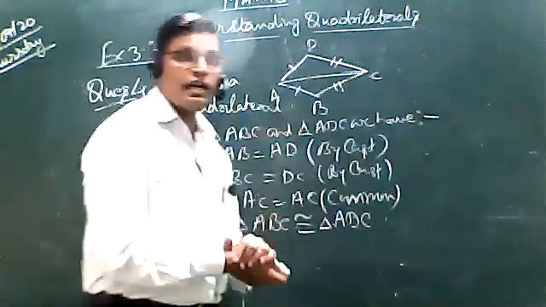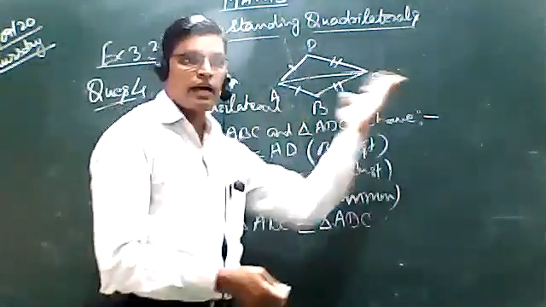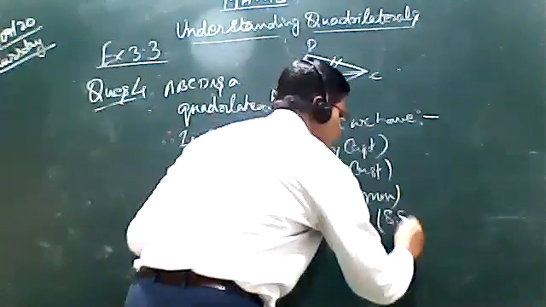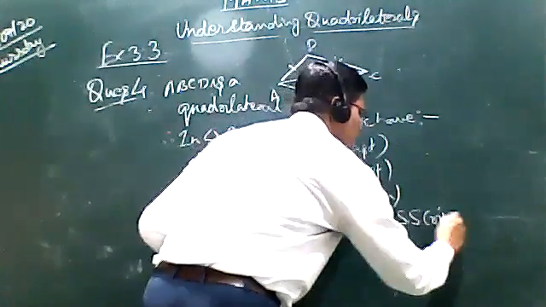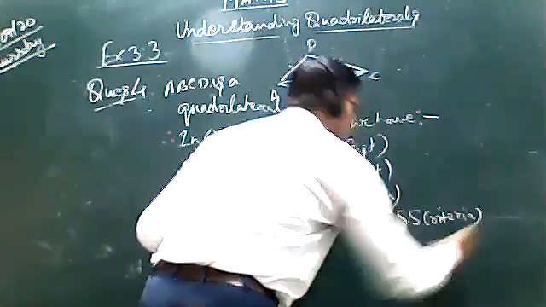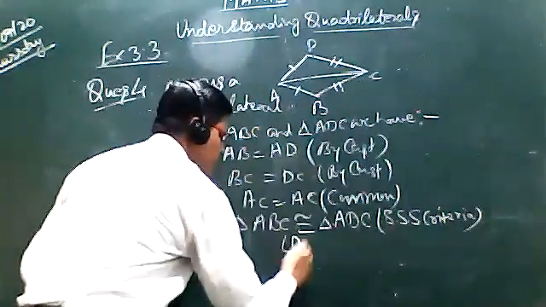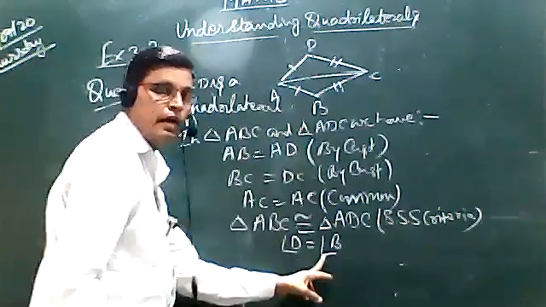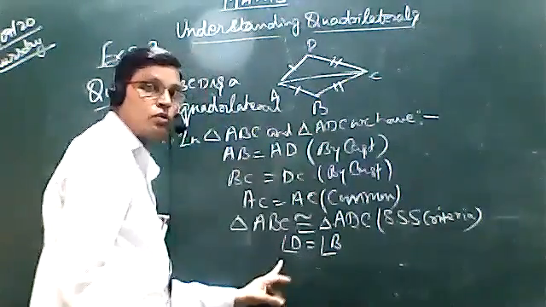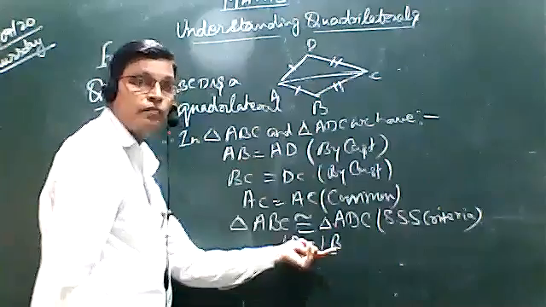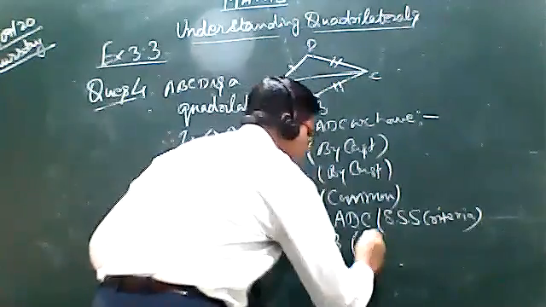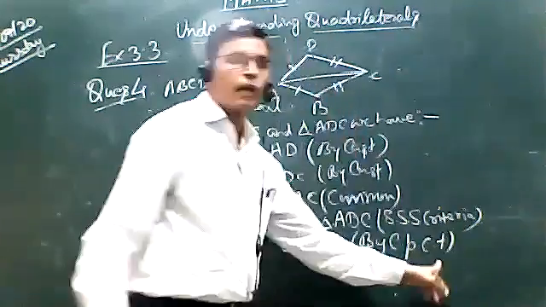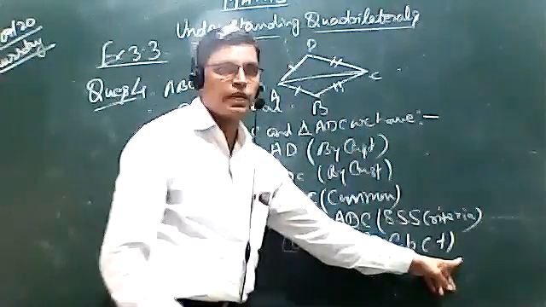If triangles are congruent, then corresponding angles are also equal. Therefore, we write here side, side, side criteria. And therefore, angle D is equal to angle B. Why? By CPCT. Corresponding parts of the congruent triangles are always equal.